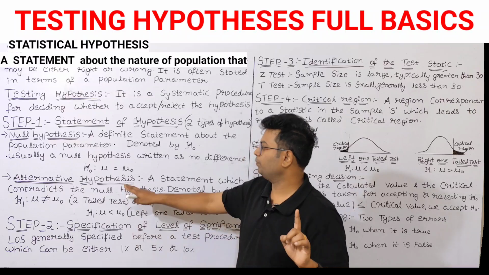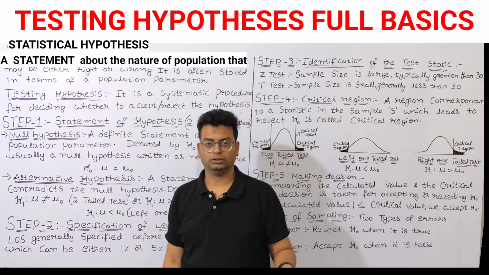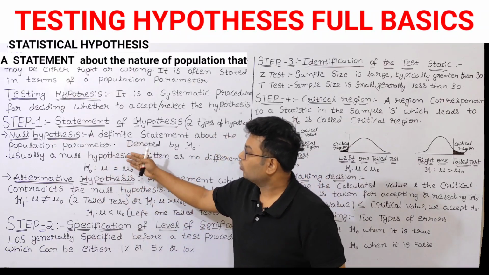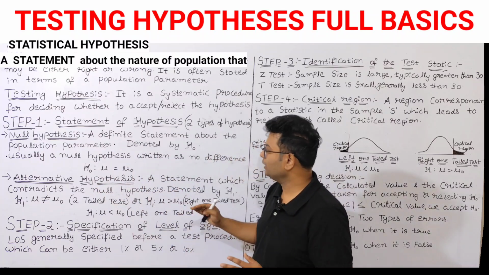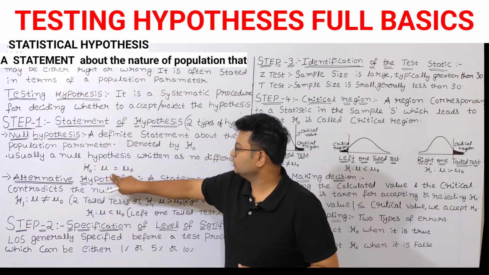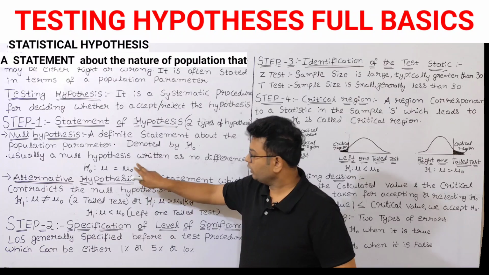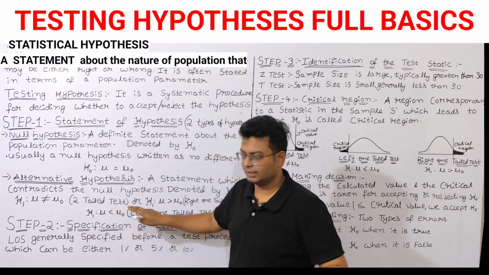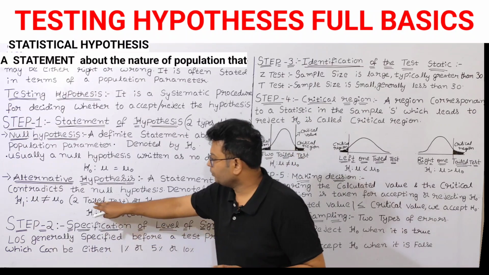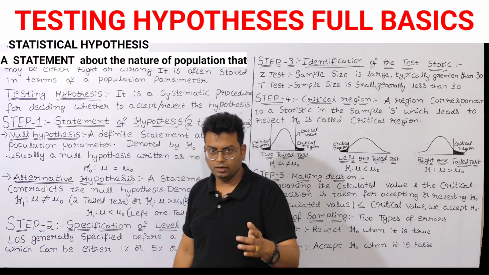Next, statement of hypothesis, alternative hypothesis. It contradicts the null hypothesis. Here, where the null says mu is equal to mu naught, the alternative says mu is not equal to mu naught. It's a two-tailed test. It depends upon the question whether we have to take two-tail or one-tail.